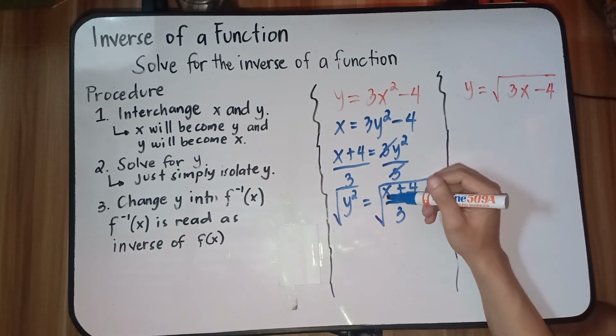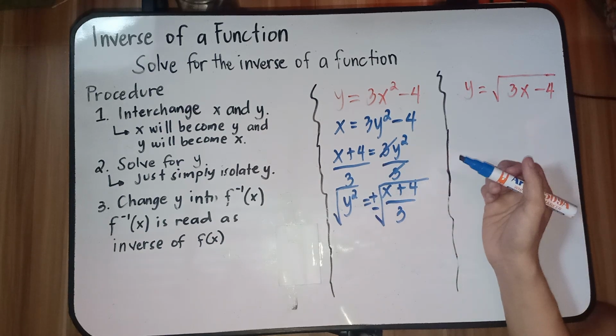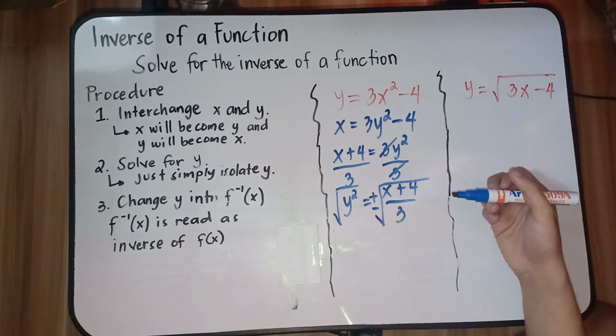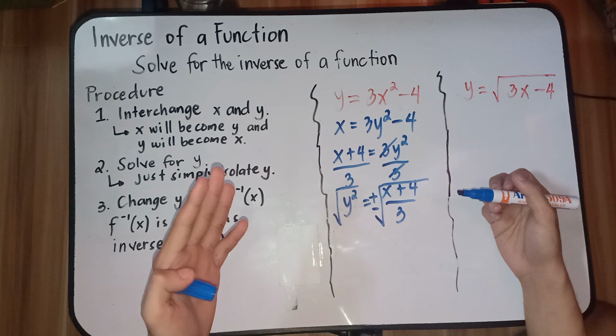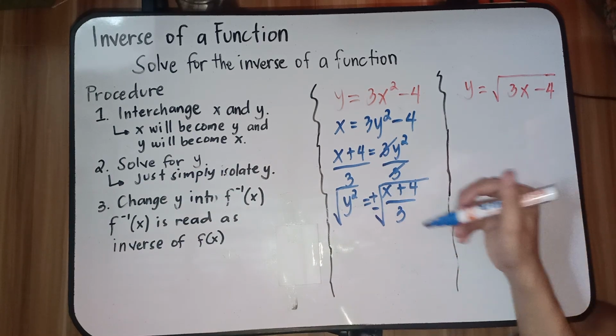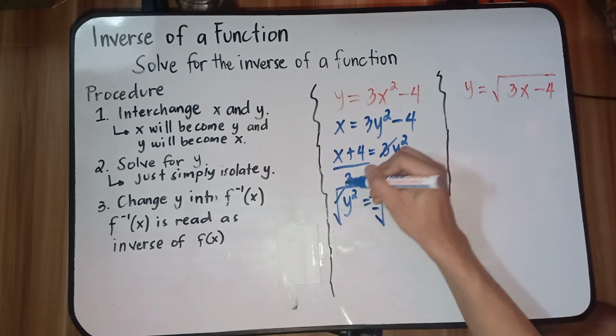Since we extracted a square root, we need to put positive and negative on the other side. When we extract an even root, for example, square root, fourth root, sixth root, eighth root, we need to put positive and negative on the other side. To continue, we can cancel square root and squared.